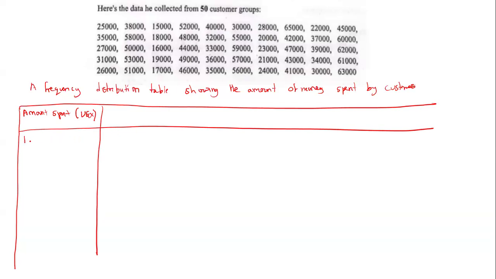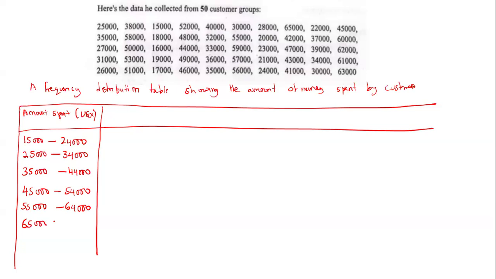So we have said we are going to start from 15,000 to 24,000, from 25,000 to 34,000, from 35,000 to 44,000, from 45,000 to 54,000, from 55,000 to 64,000, from 65,000 to 74,000.